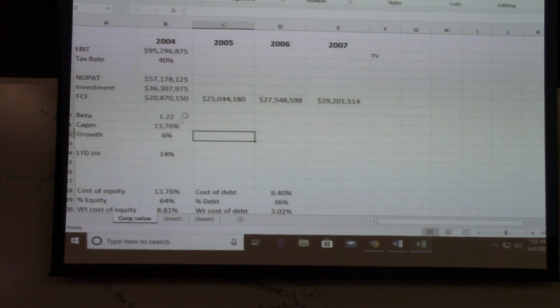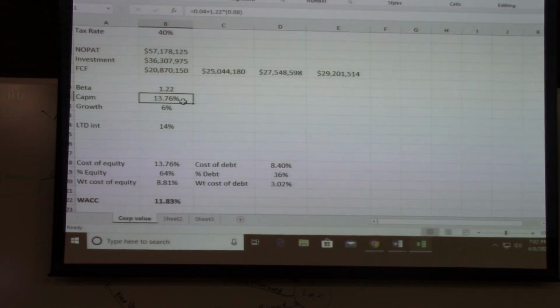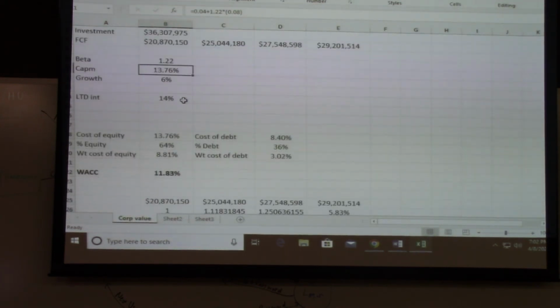So we're going to take that out, and our cost of equity using the beta, 4%, and the risk premium of 8%, comes to 13.76%.